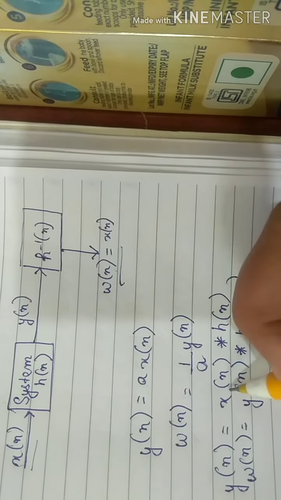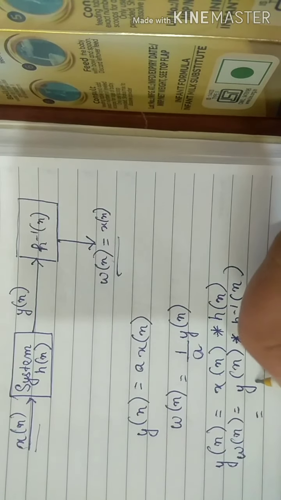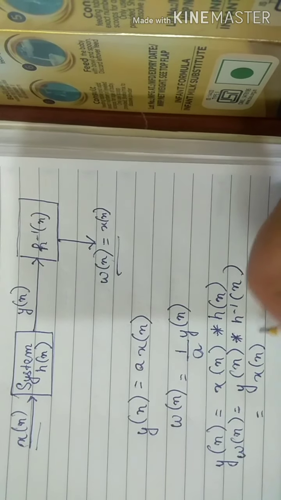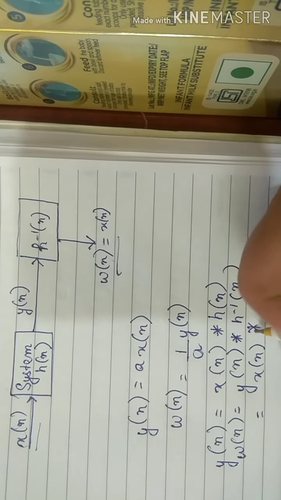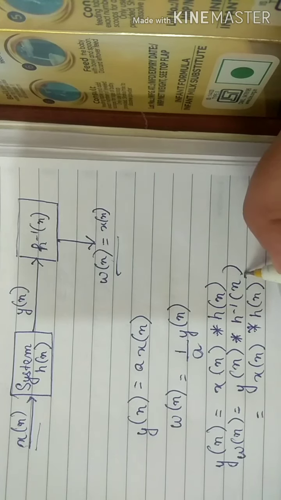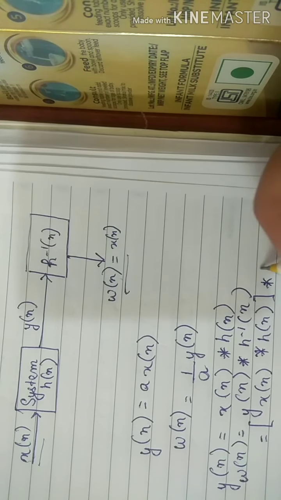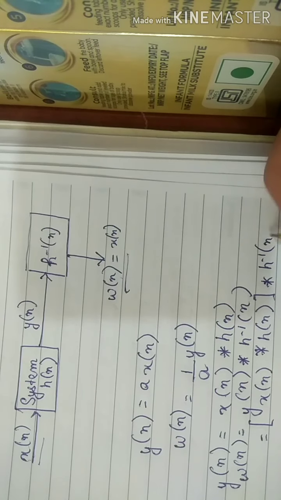So substituting y[n] over here, we can write it as x[n] convolved with h[n] convolved with h inverse[n].